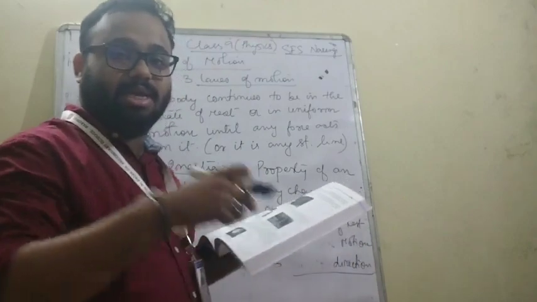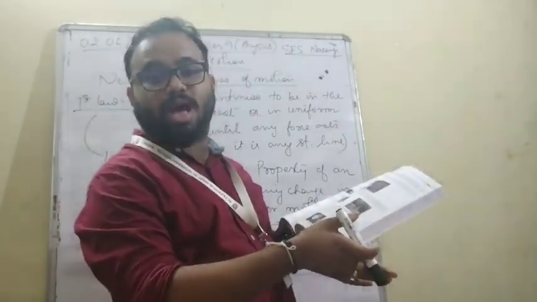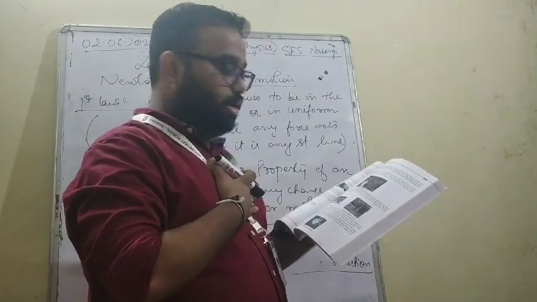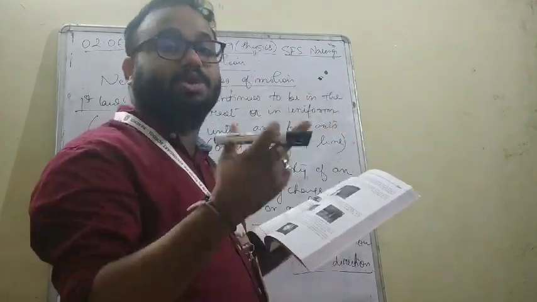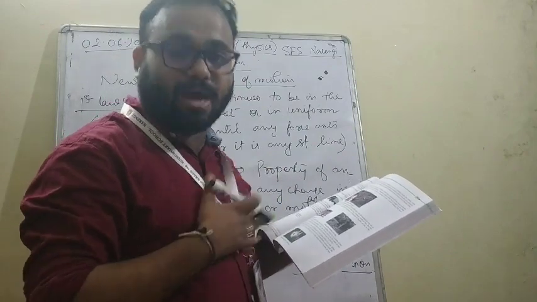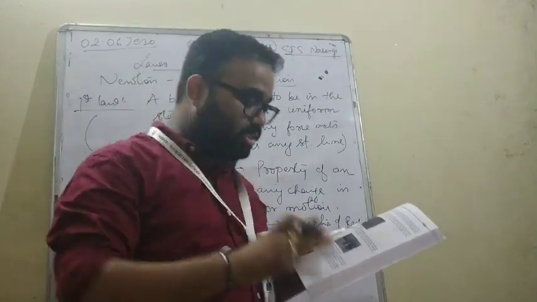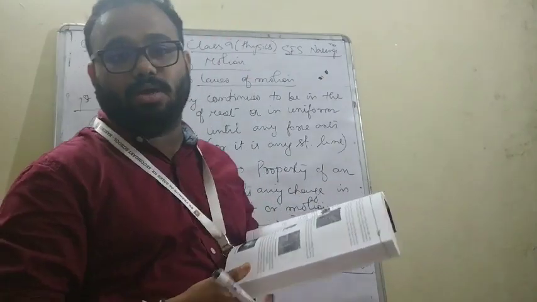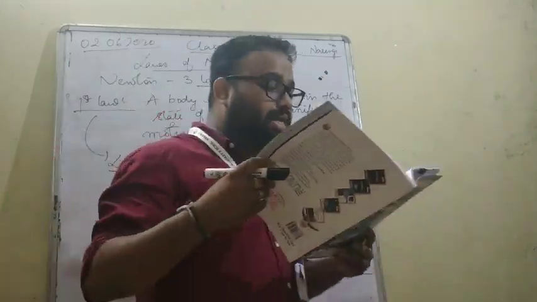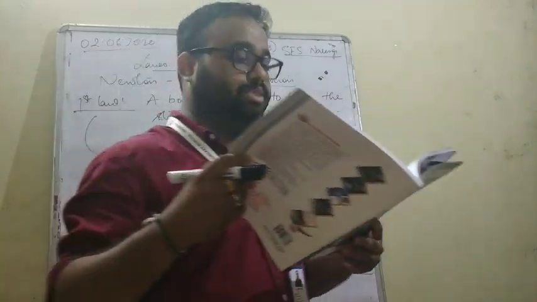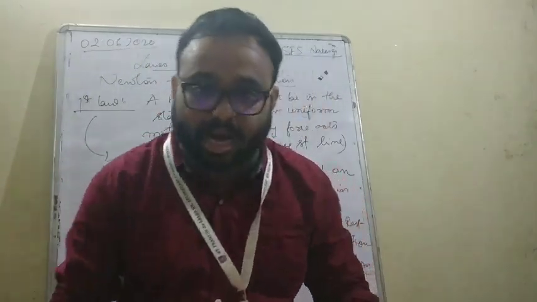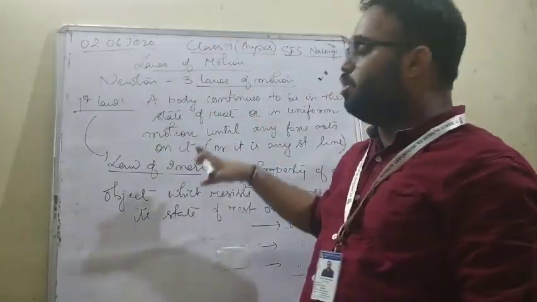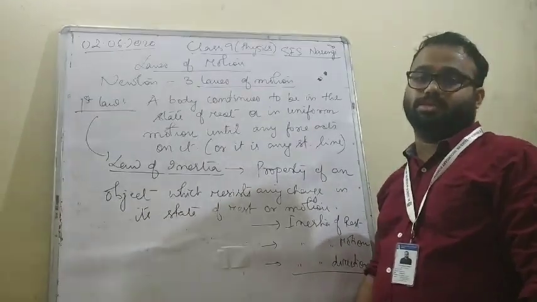But the upper part of the body tends to remain in the state of rest due to inertia, so that the passenger falls backwards. You go backward. So inertia is the inherent property of an object due to which it resists any change in the state of rest or motion. So from Newton's first law, we get to know about the law of inertia.